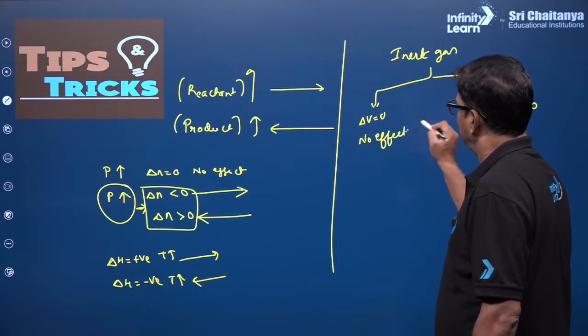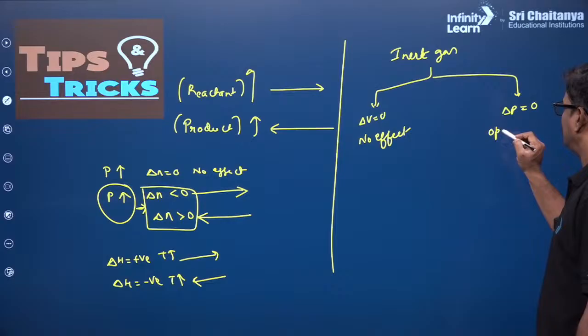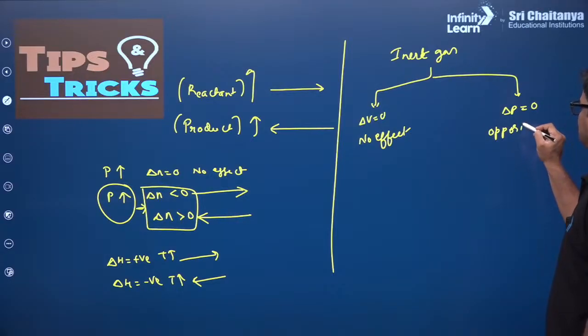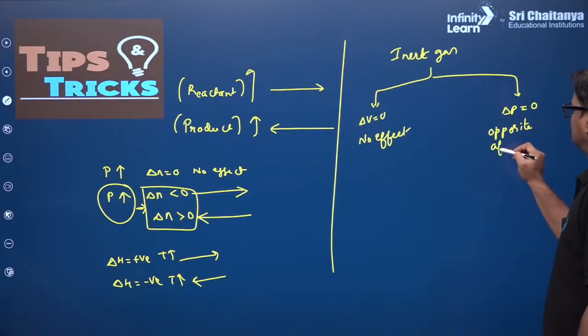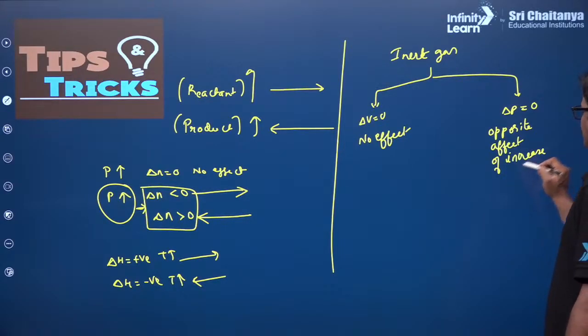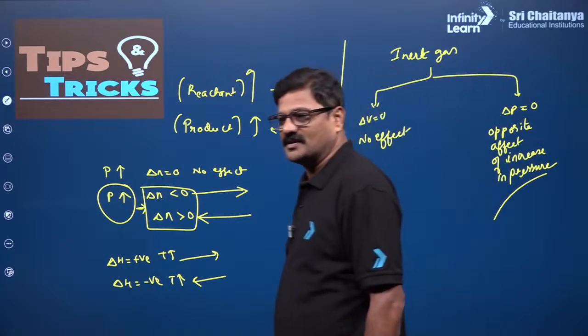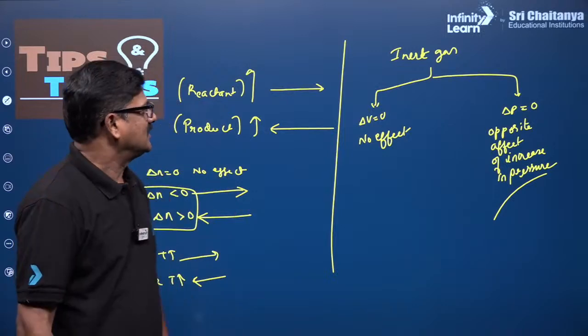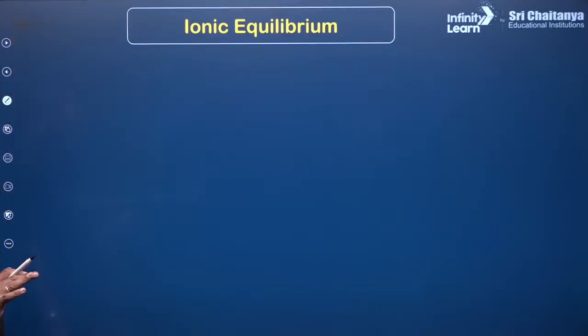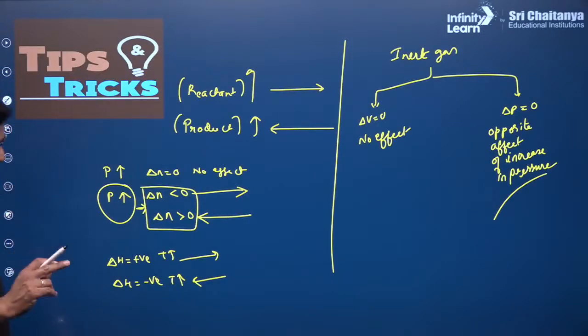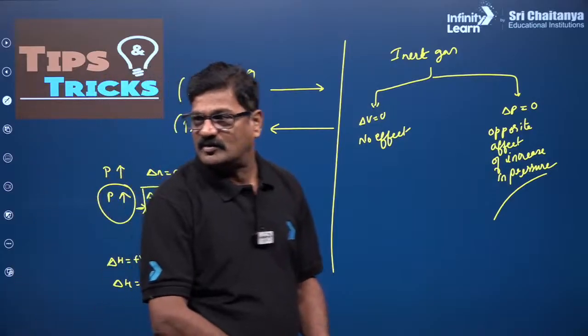At constant pressure, the effect is opposite, the same as a decrease in pressure. Understand? Clear? That's very, very important. You are going to get a question from Le Chatelier principle, no doubt about that.